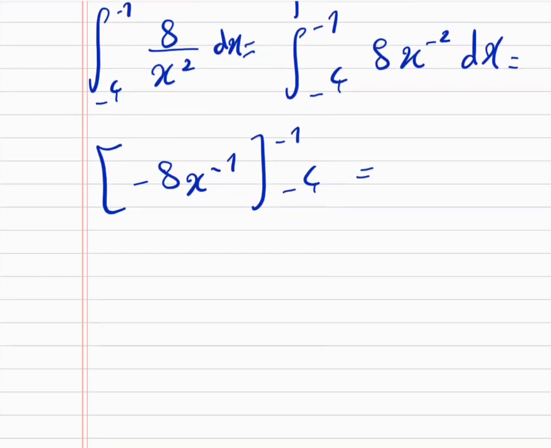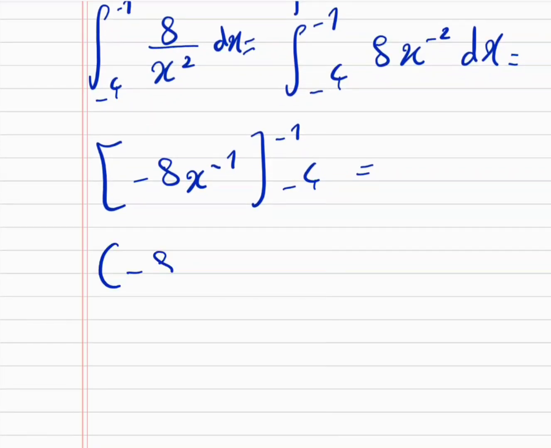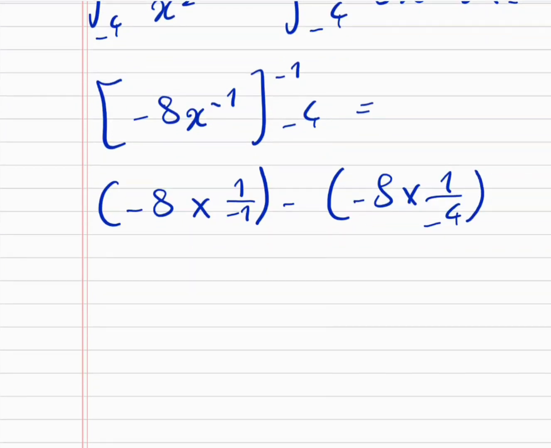So we just need to substitute now. -8 times, instead of x to the power of -1, I'm just going to write 1 over x. So 1 over -1 for the first term, minus -8 times 1 over -4. Now that we have written it in this form, we just need to solve this, and we get 6. So 6 is the area here.